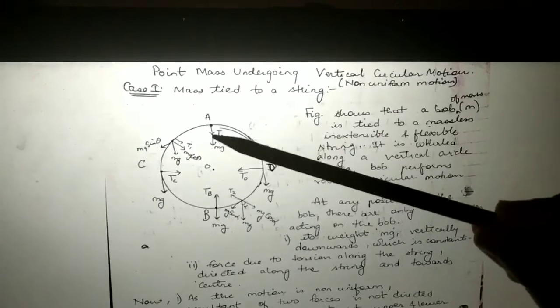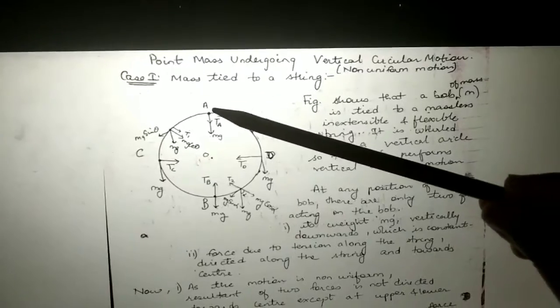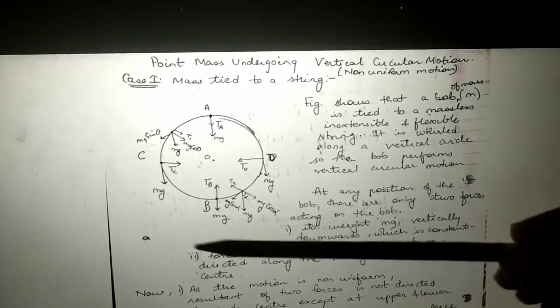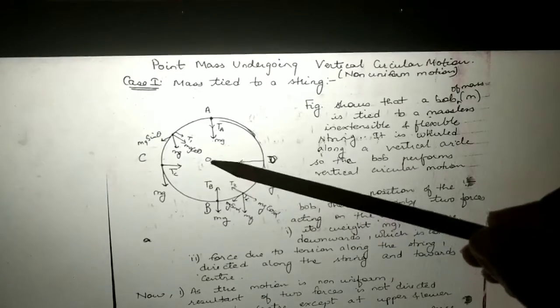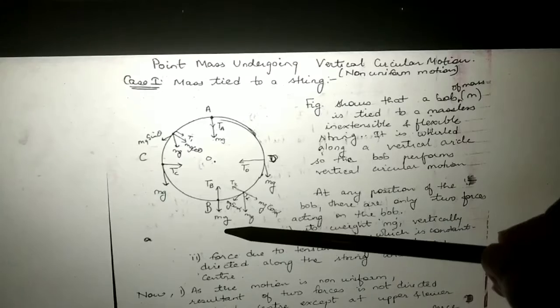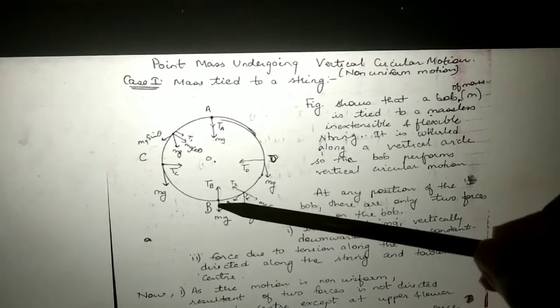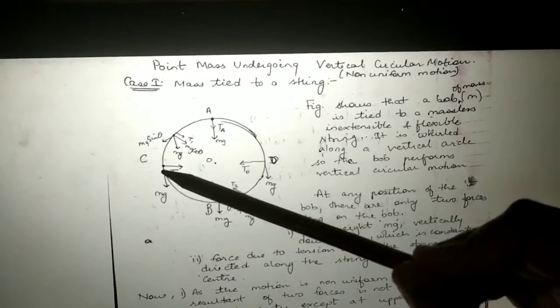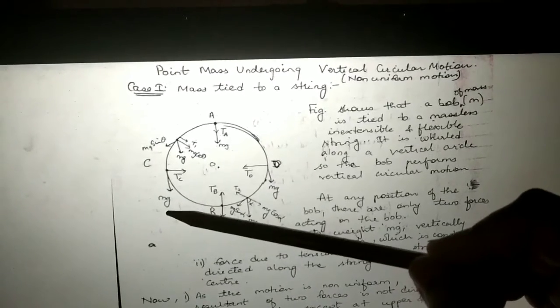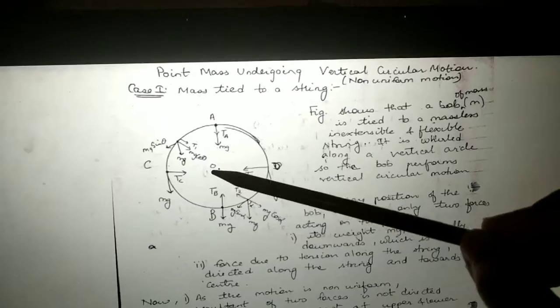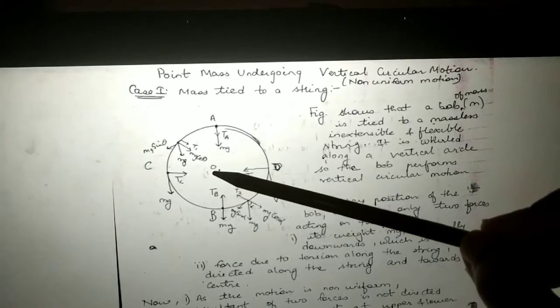These are the 2 forces when the bob is at point A. At point B, the weight mg acts vertically downward and tension in the string vertically upward. At C, the midway position, weight acts vertically downward and tension along the string towards the center.